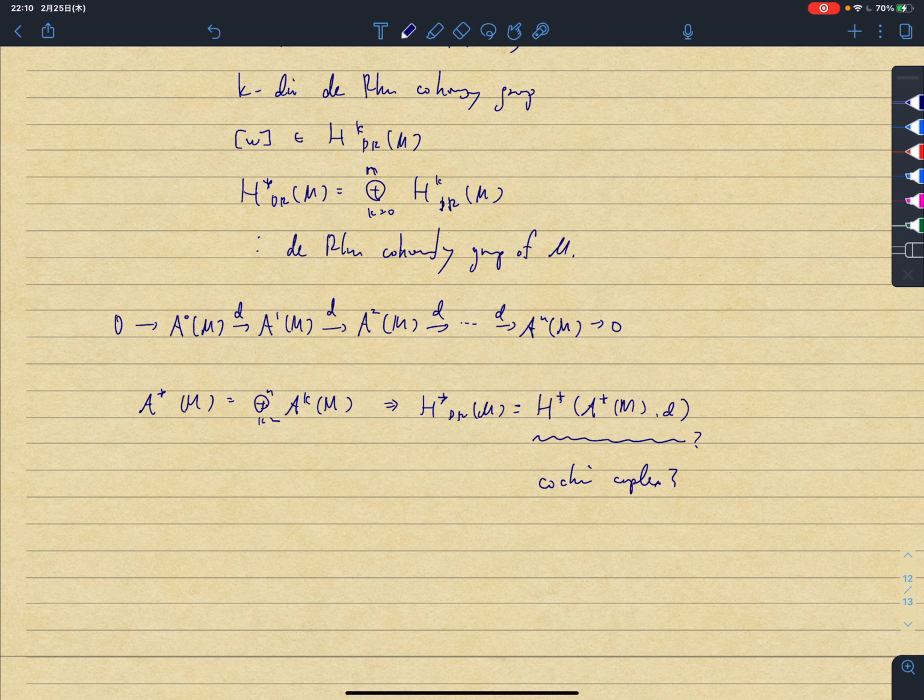On the other hand, A^*(M) is equipped with a product structure defined by exterior products. This product structure induces a product on cohomology in the following way.